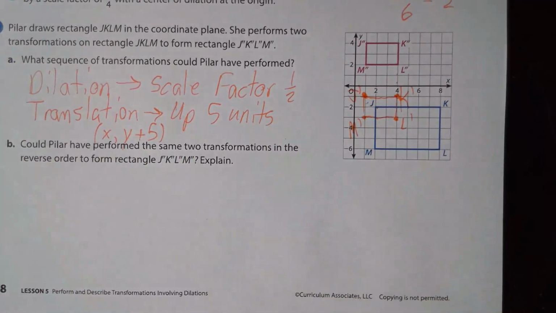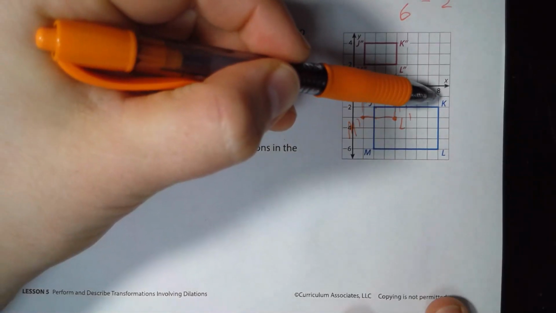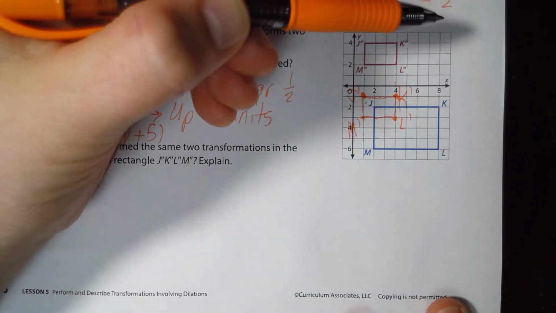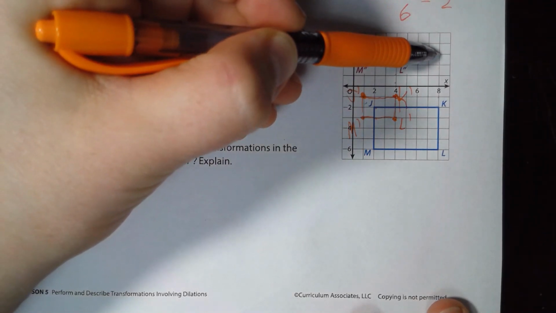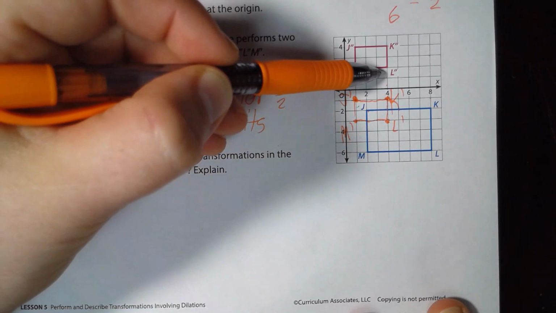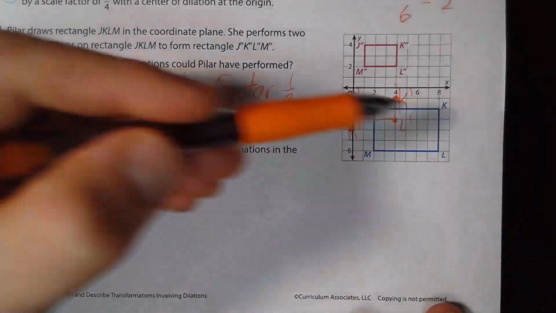Okay, so could Pilar have performed the same 2 transformations in reverse order? If I would have moved this up 1, 2, 3, 4, 5, oh no. Oh no, we couldn't have, could we? Because this would have gone brrrr. We would have had to have translated it differently, at least, right?